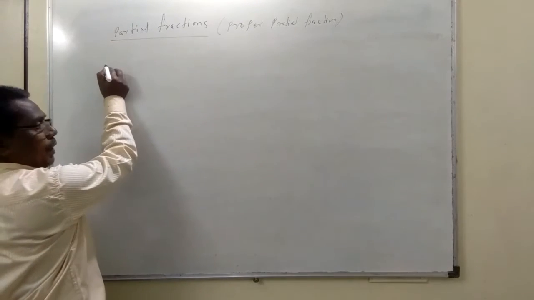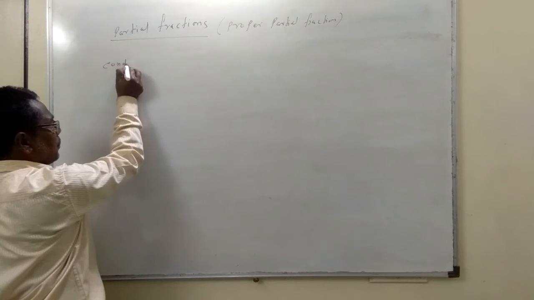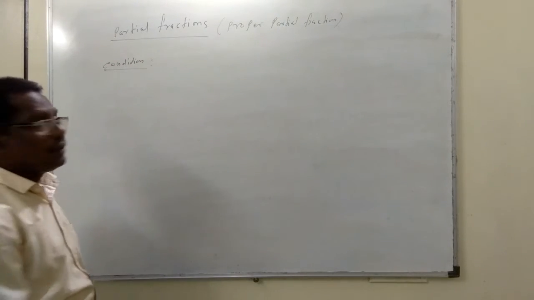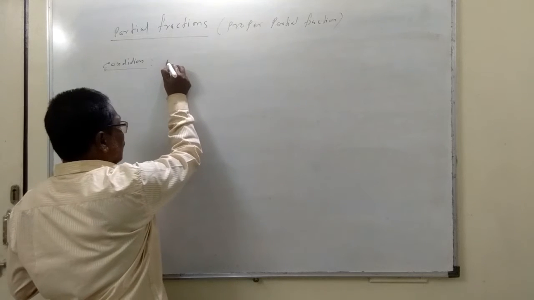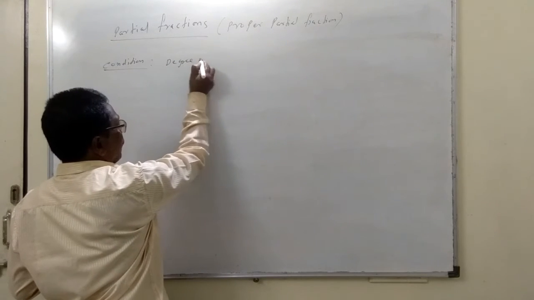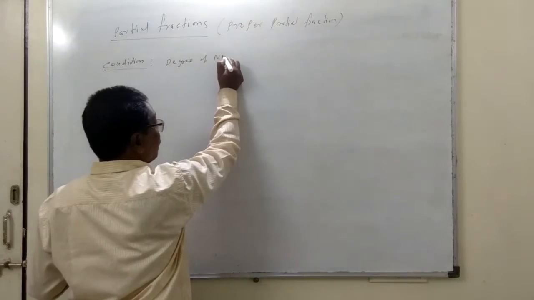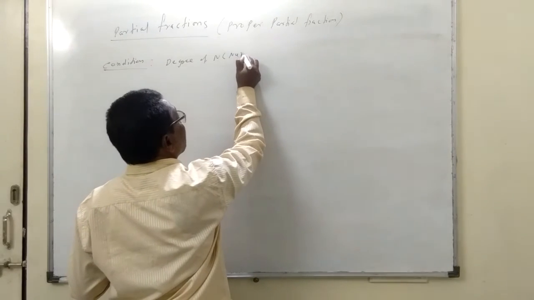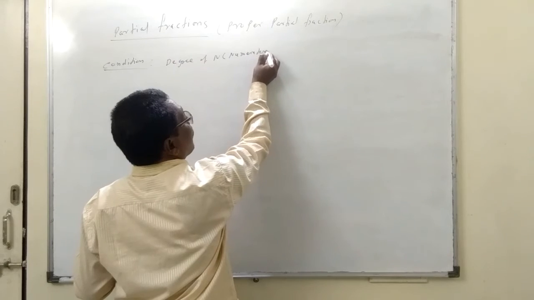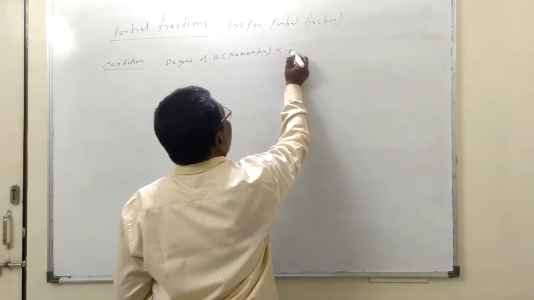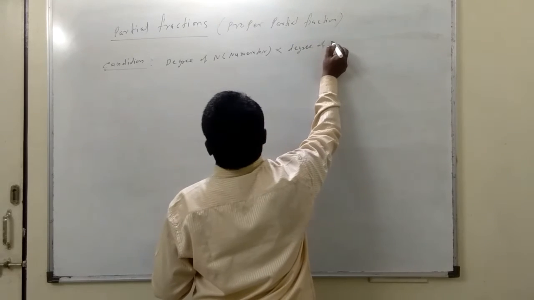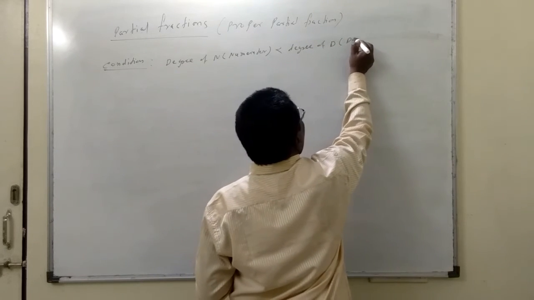For proper partial fraction, a condition is there. So what is the condition for partial fraction? The degree of the numerator, n, must be less than the degree of d, that is the denominator.